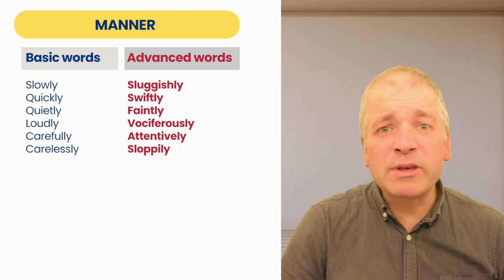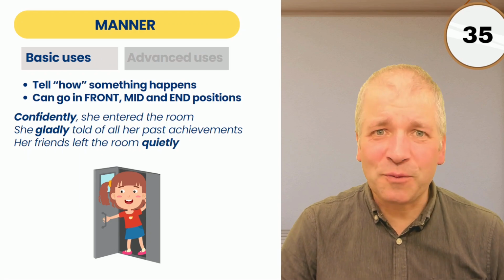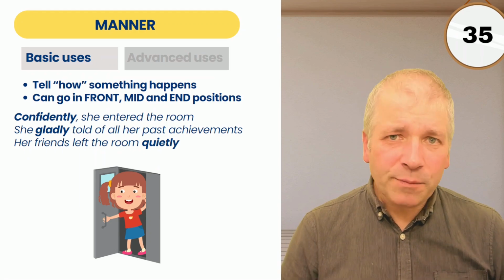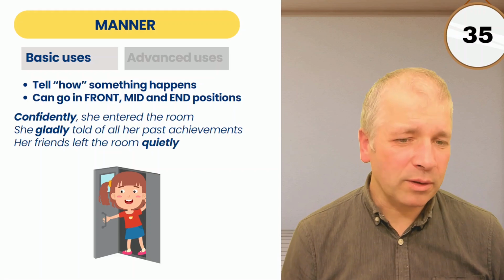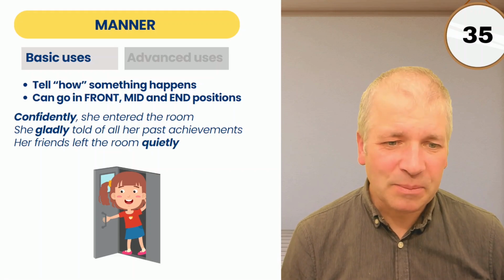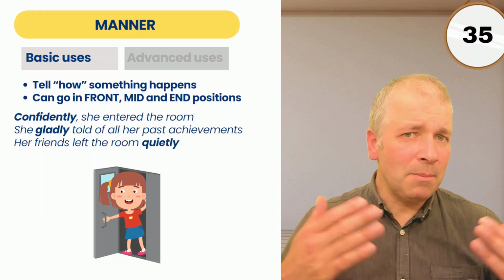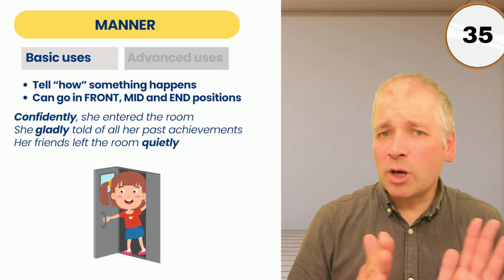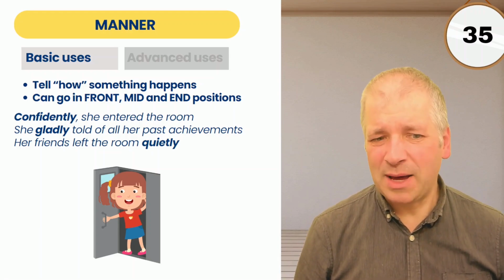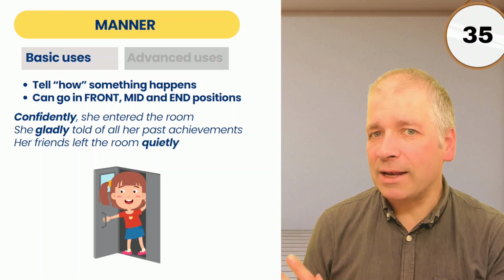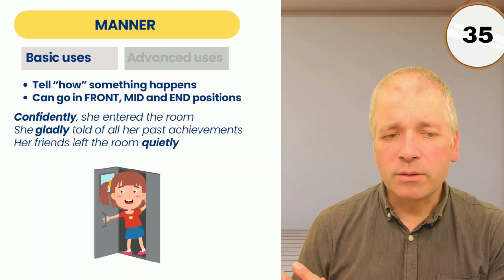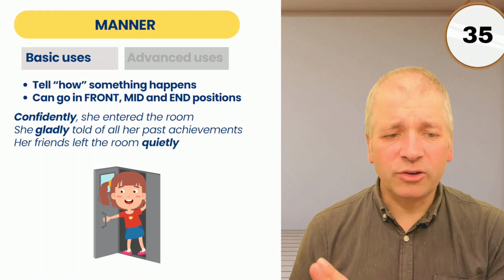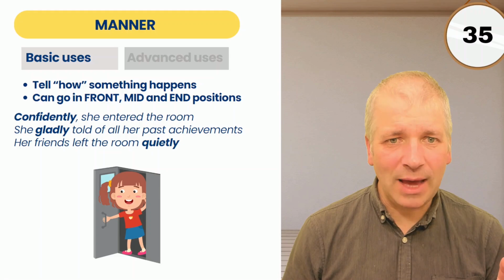Let's go on to the position of these adverbs of manner. So adverbs of manner tell how something happens, and they can go in many positions. Usually you can be very flexible with adverbs of manner: front, mid or end positions. So confidently, she entered the room. Here confidently is the adverb.